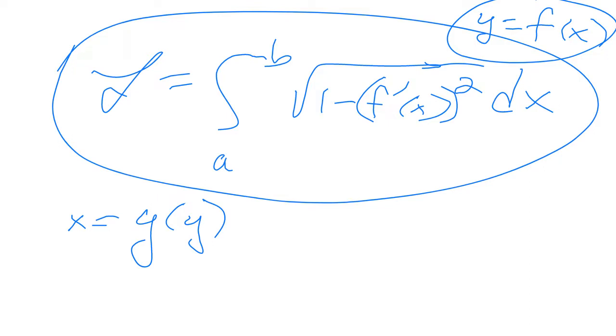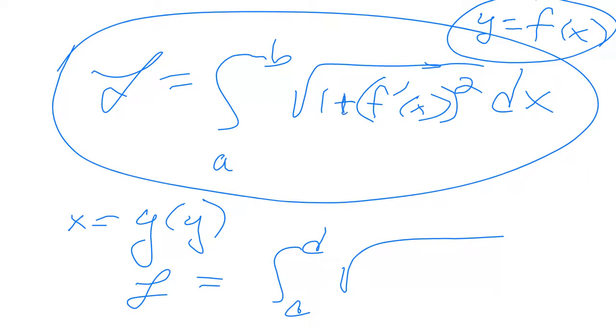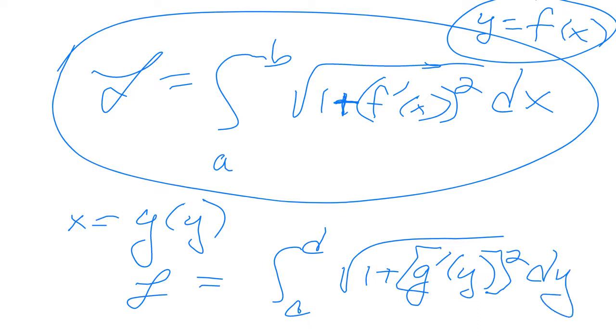So this length would be the definite integral from c to d of the square root of, sorry, this is wrong, go back. It's not 1 minus, it's 1 plus. So this is 1 plus g prime at y, quantity squared, dy. If you wanted to integrate vertically, we could do that.